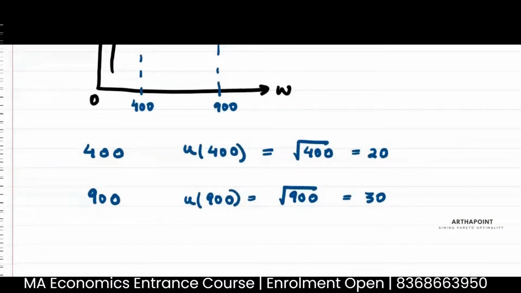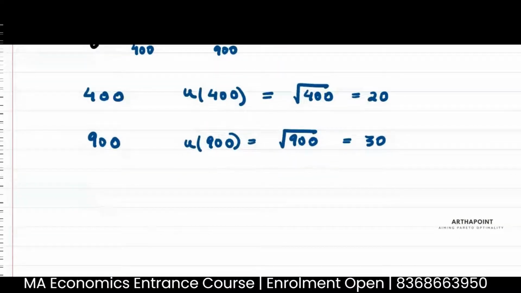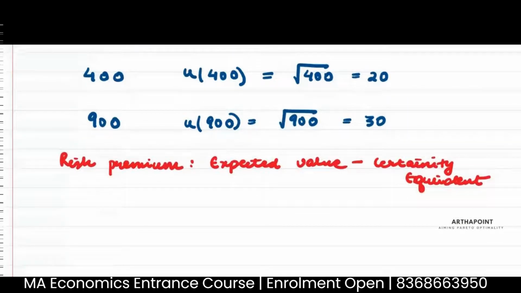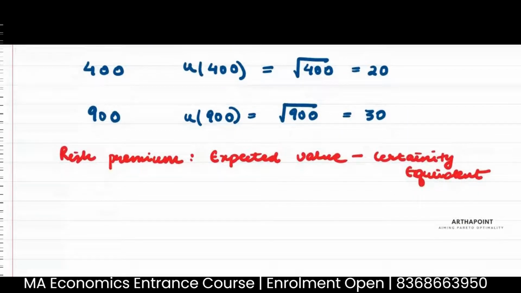Now, what is risk premium? We had a formula for risk premium. Risk premium was expected value minus certainty equivalent. Right? So first of all, let's find the expected value of wealth.